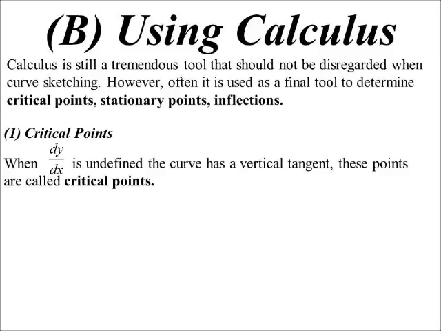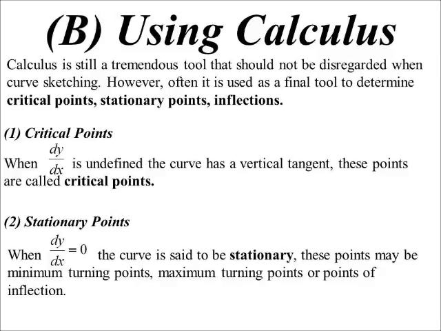So they are what we call critical points. Now, technically, stationary points are also critical points, but they have their own special name. So when we talk about a critical point, I'm talking about the one that doesn't have another special name. So that's the ones with vertical tangents. Because stationary points, as we know, that's when the derivative is equal to 0. We have a horizontal tangent.